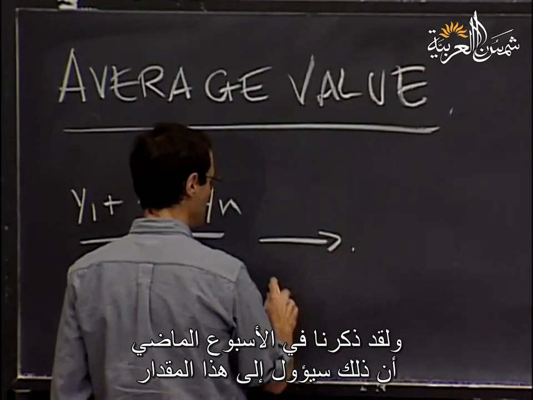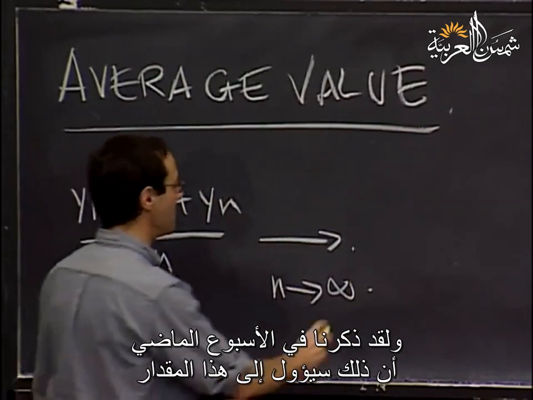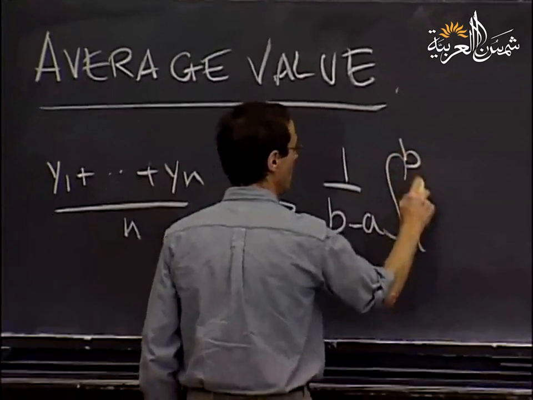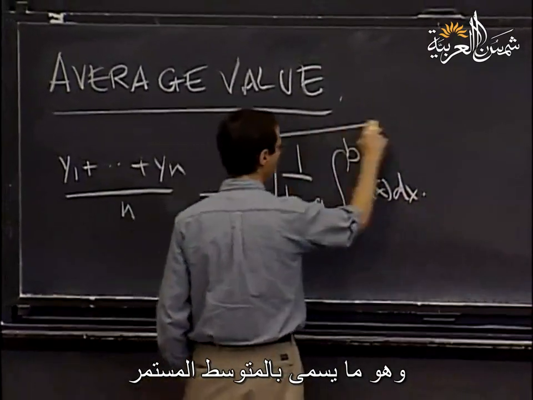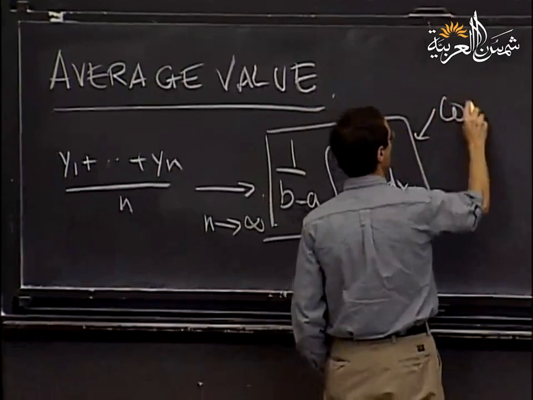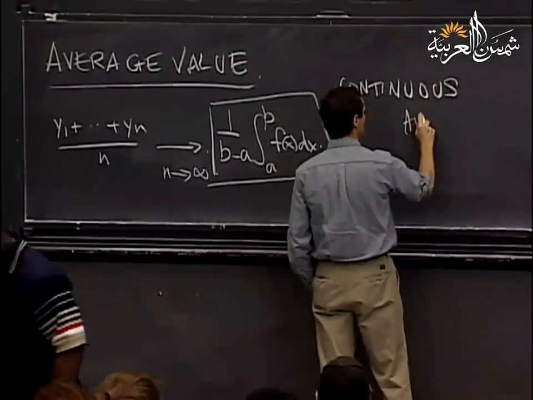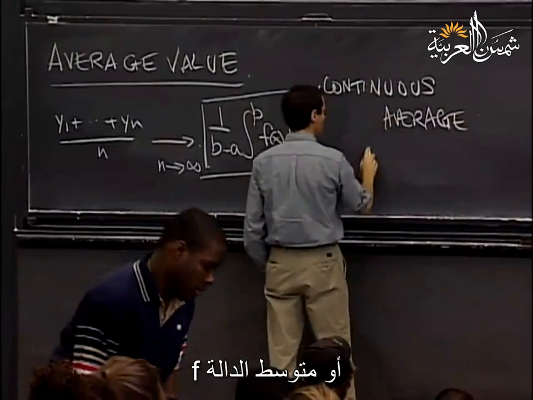And what I said last week was that this tends to this expression here, which is called the continuous average. So this guy is the continuous average. Or just the average of f.